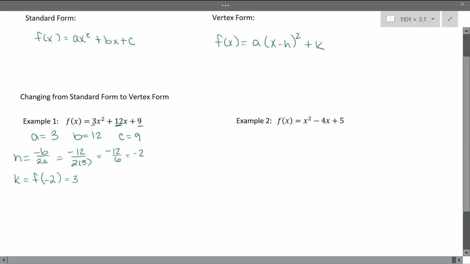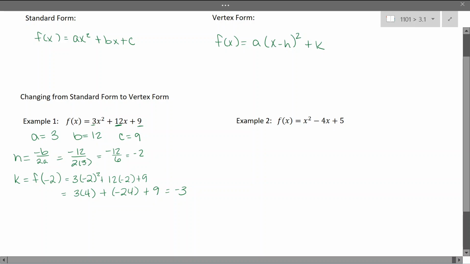So we get 3 times negative 2 squared plus 12 times negative 2 minus 9, which is 3 times 4 plus negative 24 minus 9, which comes out to be negative 21.